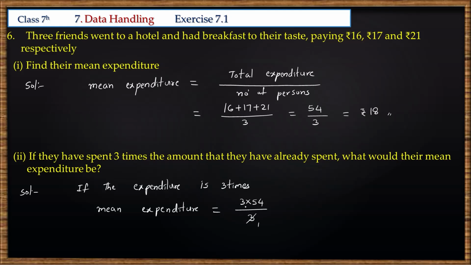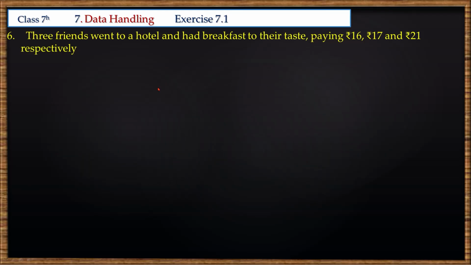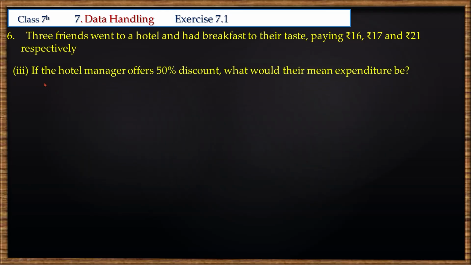So 3 1s are 3, 3 1s are 3, 3 cancels, rupees 54 will be the mean expenditure. Next problem, if the hotel manager offers 50% discount, what would their mean expenditure be?